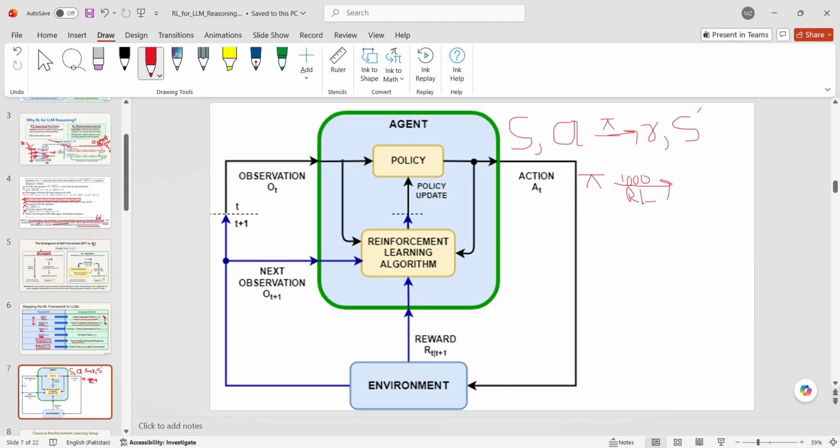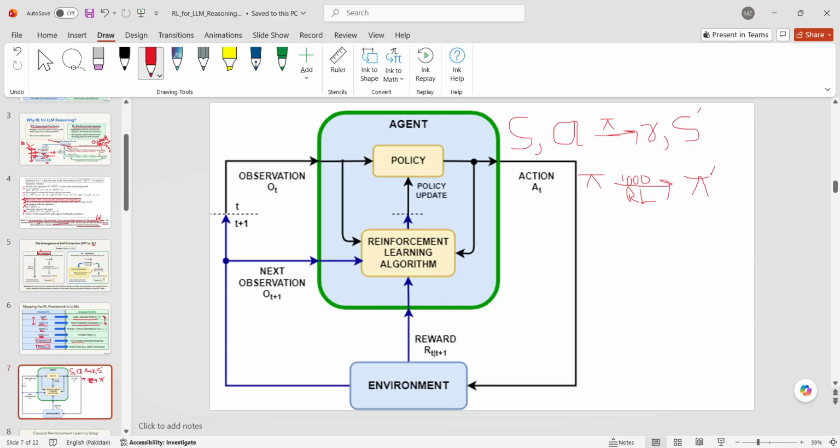The RL algorithm is going to work upon those 1000 samples and improve our policy. So this new policy is pi dash.